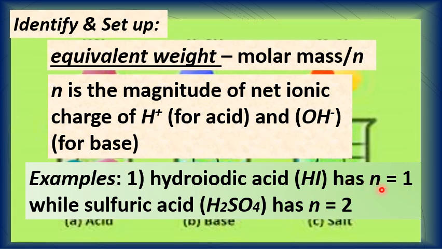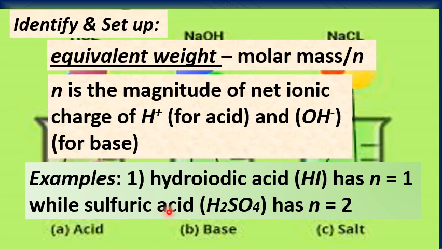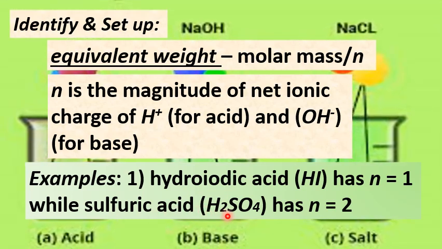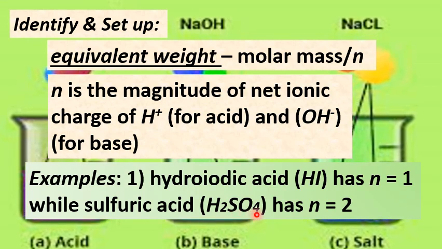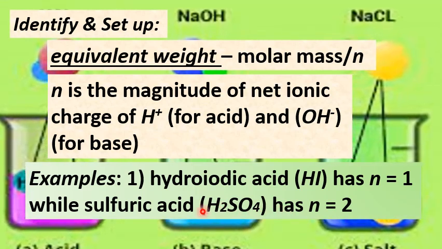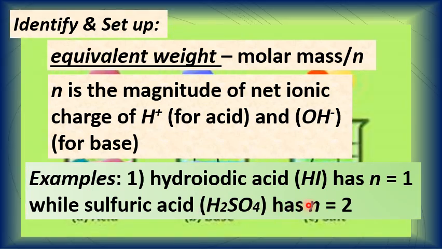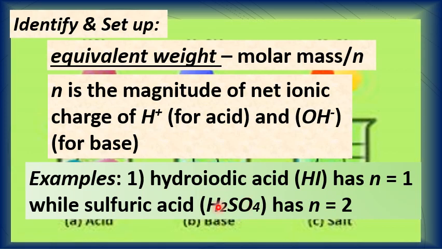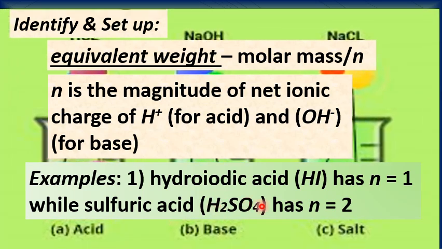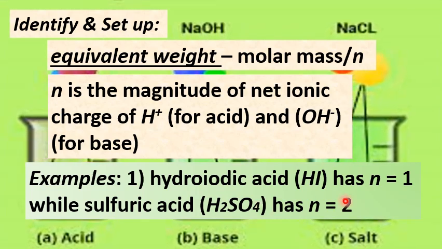While sulfuric acid, whose formula is H sub 2 SO sub 4, has its small letter n value equal to 2 because, as you notice, there are two hydrogen positive ions, right?